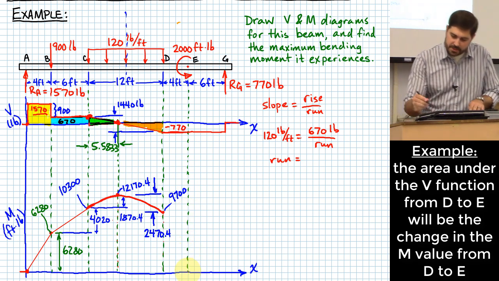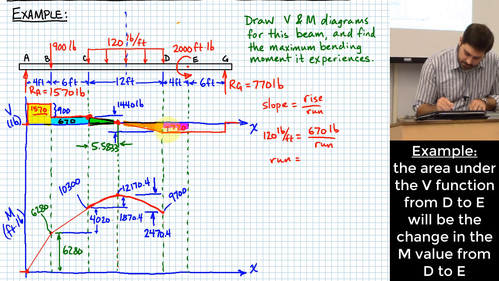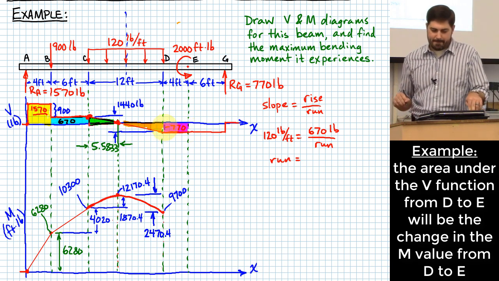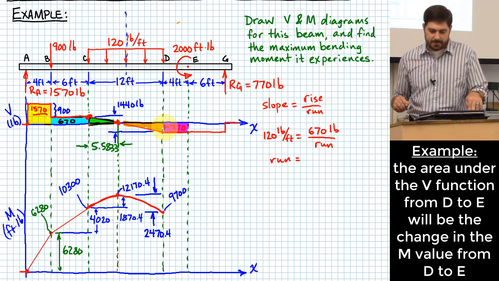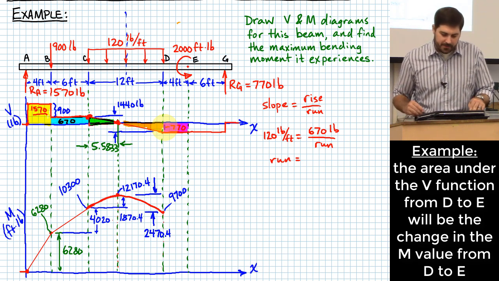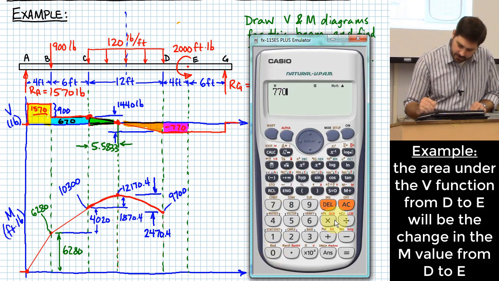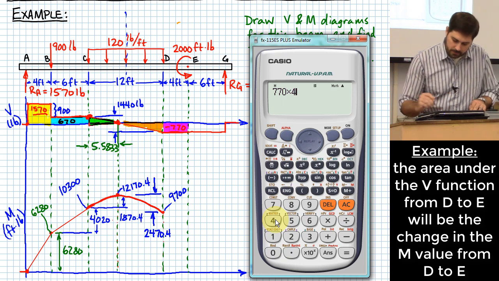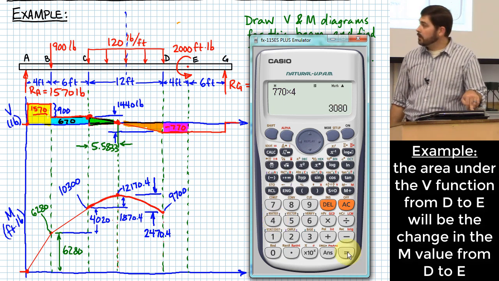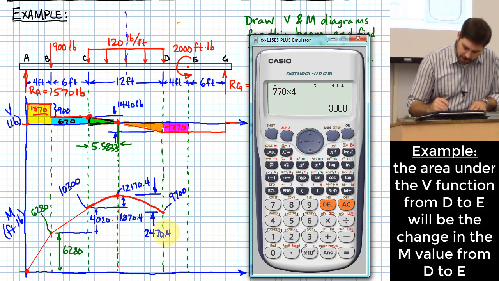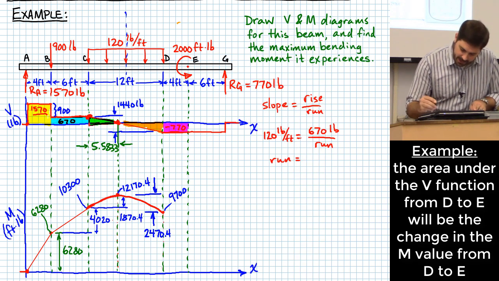How much change now happens here? 770 times 4 feet, right? 770 times 4 is 3,080. So the change there is going to be 3,080.